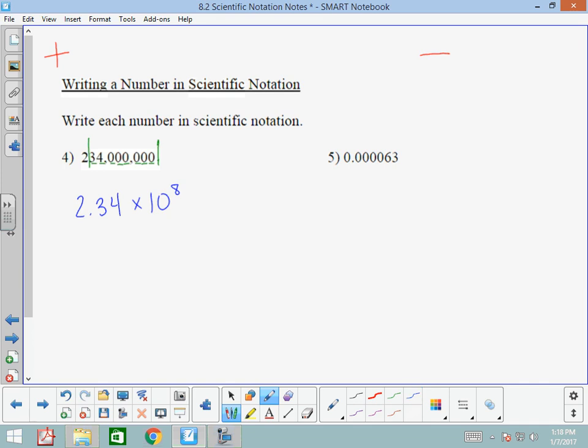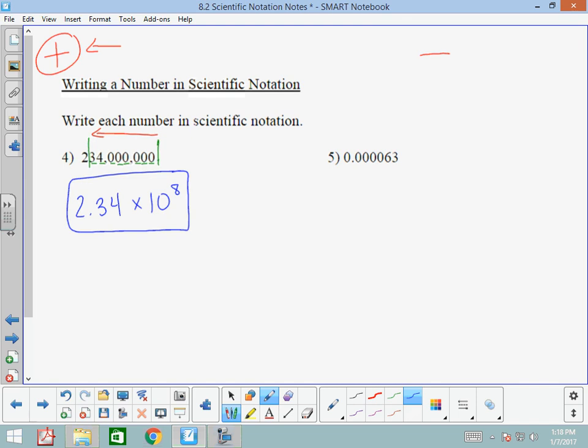It went from the right to the left. Since it went to the left, that is a positive direction. In scientific notation, that is a positive direction. It's the opposite of what it would be on a standard number line. So this is our answer, 2.34 times 10 to the 8th power.